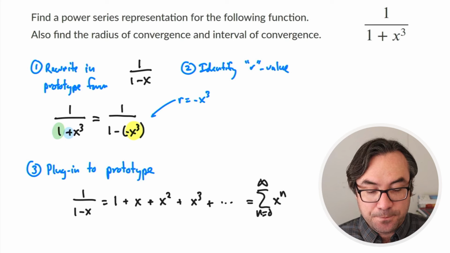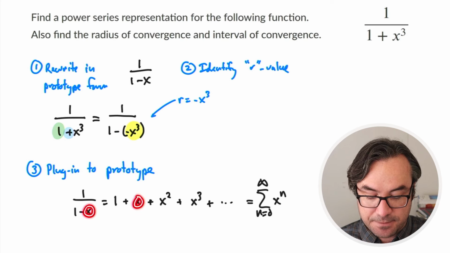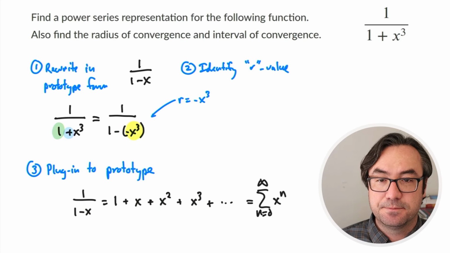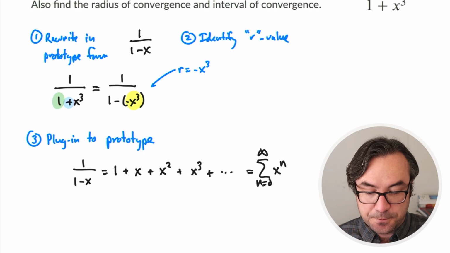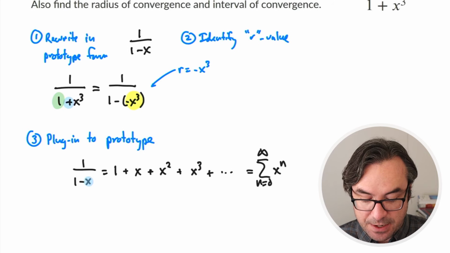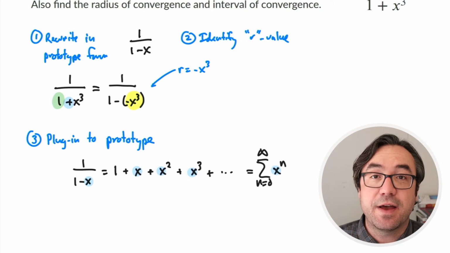And what we're going to do is take this r value and plug it into this formula, wherever we see an x. So all these x's that we got, we're just going to replace with negative x cubed.